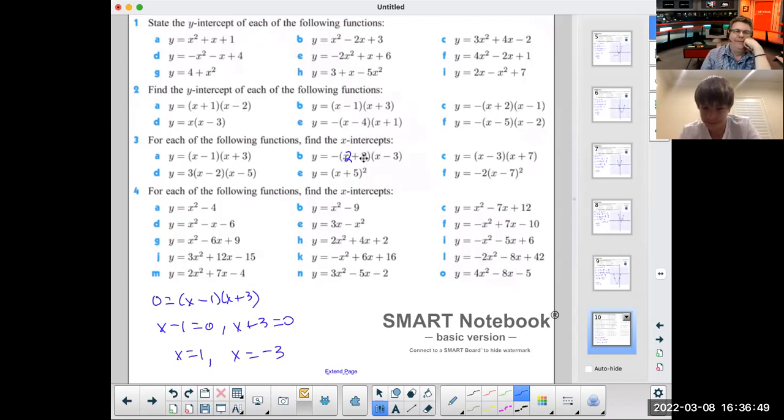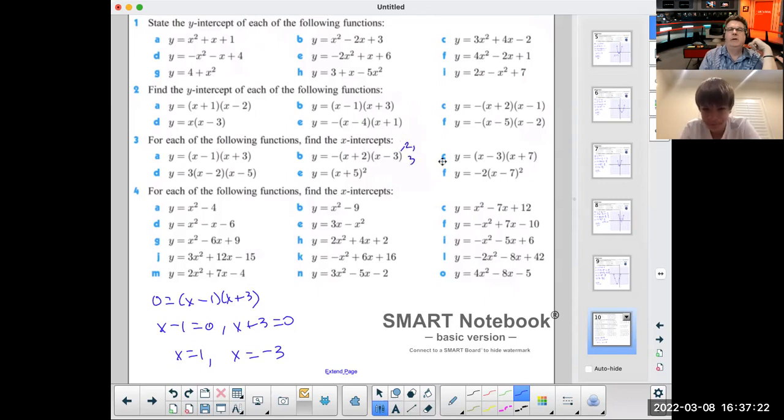That ain't gonna get me 0, is it? No, because of the order of operations, the negative doesn't matter out here. I need a 0 inside the parentheses, right? So it's still -2 and 3. So this would be -2 and 3, right?